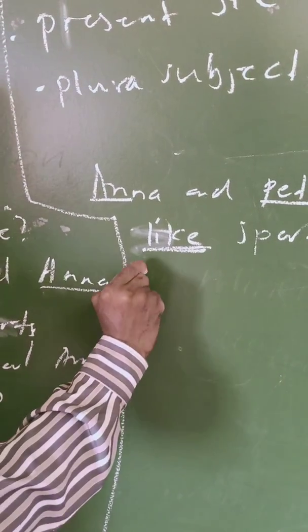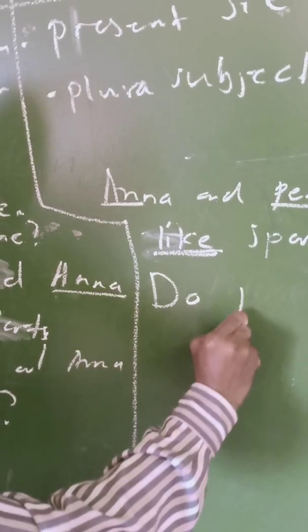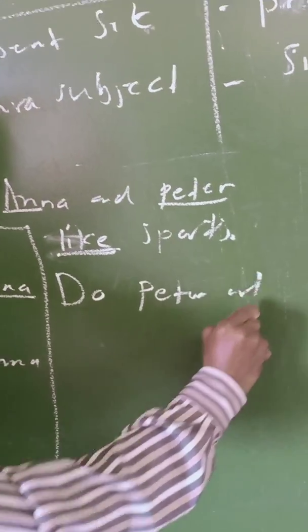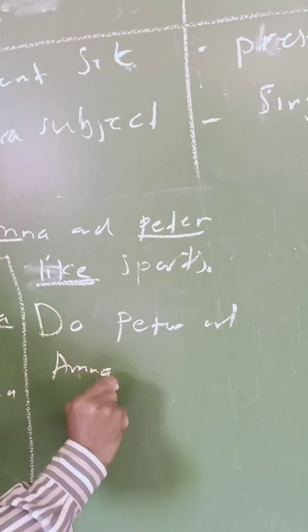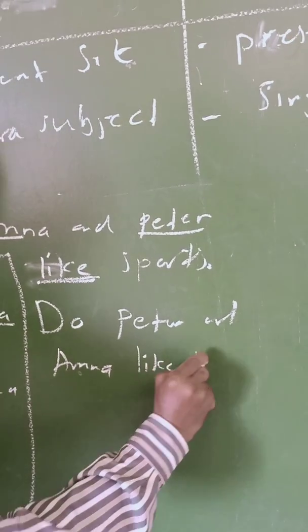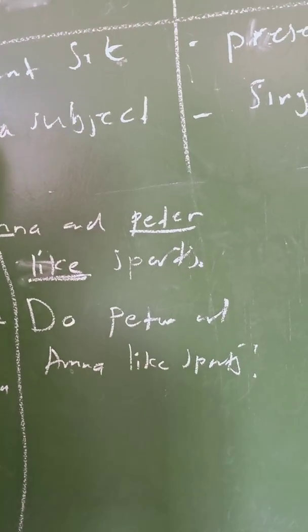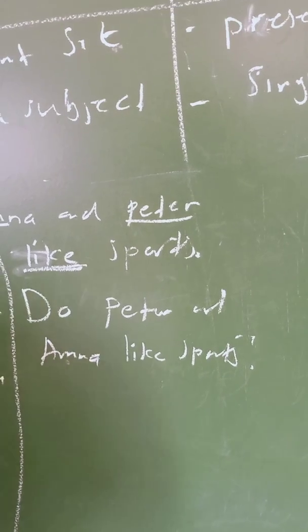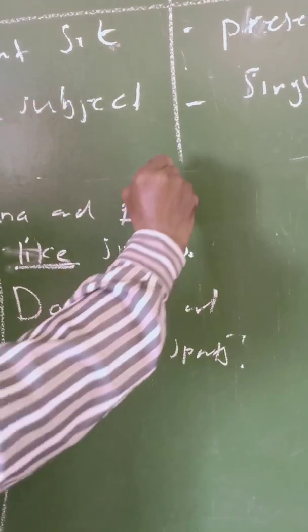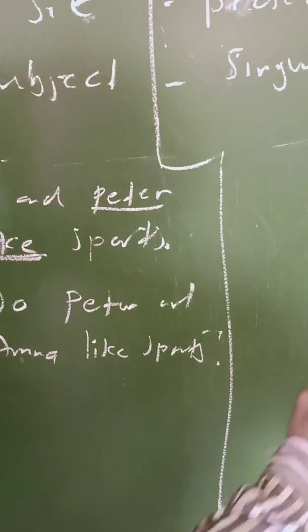So you start with do. Do Peter and Anna like sports? Question mark.